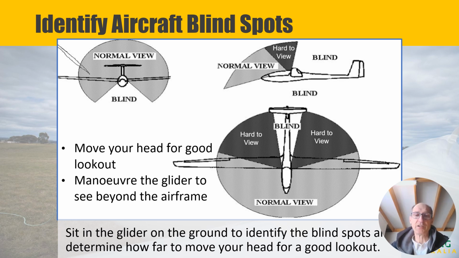You have to bend your neck to get to the hard-to-view points directly above, and directly behind you from either side is also very difficult, and directly below you can't see. So sit on the ground in the glider, and you can identify the blind spots and determine how far you actually do have to move your head for a good lookout.